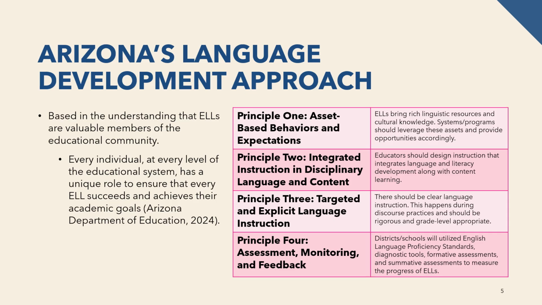Principle number 4 is assessment, monitoring, and feedback. Districts and schools will utilize English language proficiency standards, diagnostic tools, formative assessments, and summative assessments to measure the progress of our English language learners.